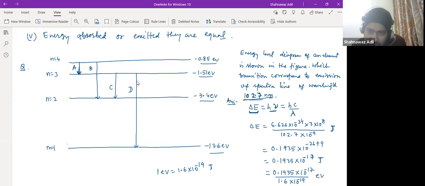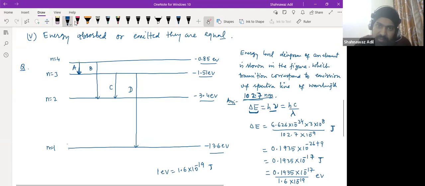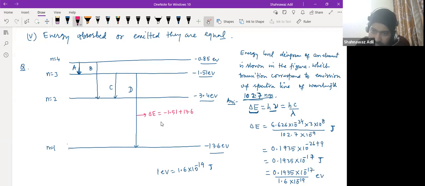So what is the difference for this D transition? Delta E here is minus 1.51 plus 13.6, and this we have already calculated. This was 12.09 electron volts, which would be equal to hc by lambda. So this is the correct answer.